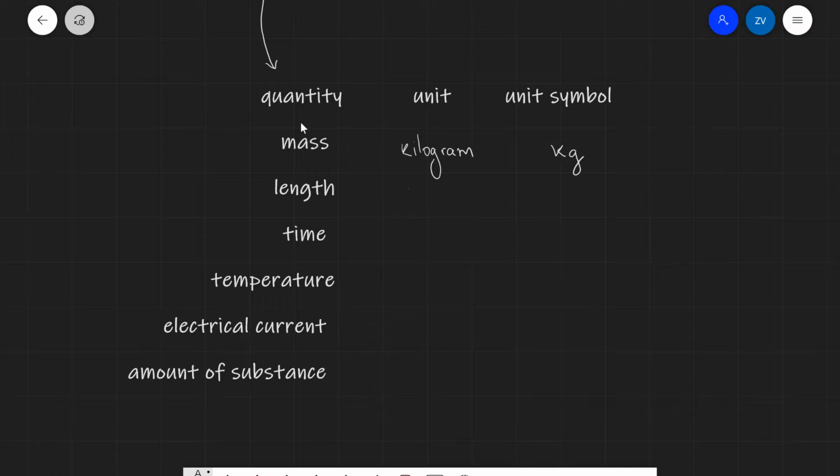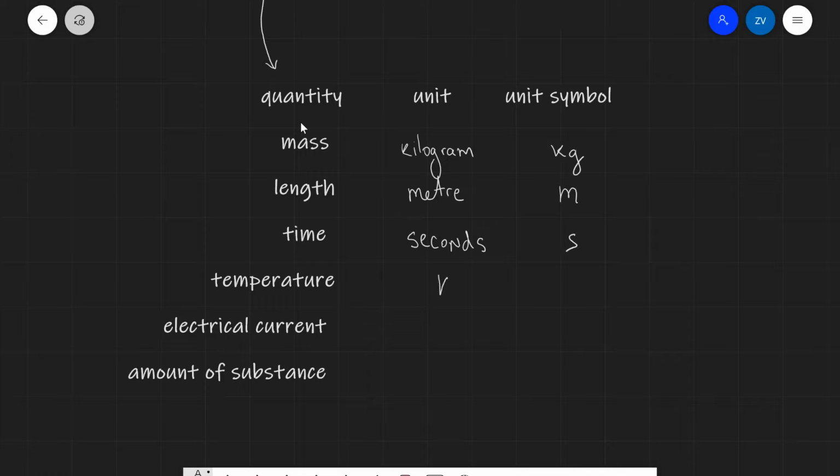Length normally has a unit of a meter, at least that's the SI standard unit, with the unit symbol being m. Time will have a unit of seconds. Of course, it can also have units of hours or any other unit. However, the SI unit is the second, and the symbol for that is just s.